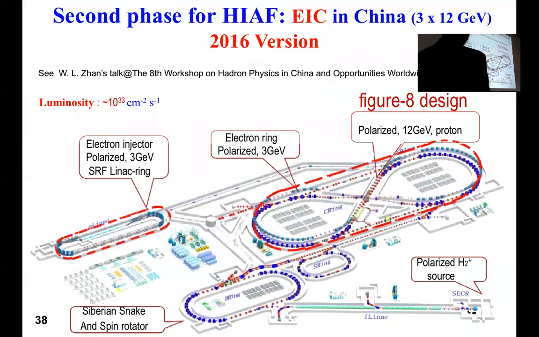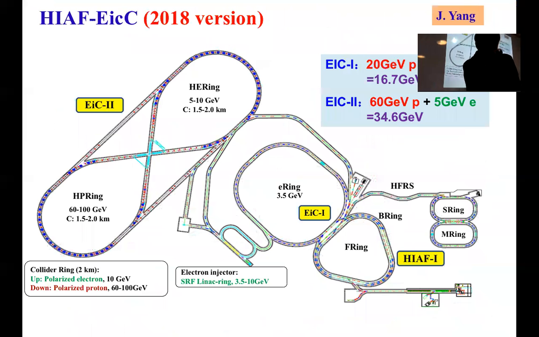It's still 3 and 12. And now it's this year, so finally it's approved and the money comes down for the first phase. Since the electron ring is not in the first phase, the electron ring has to come as the second phase. So this is a version discussed earlier this year. And this part is fixed, that's here. The design is complete and it's going to be constructed.